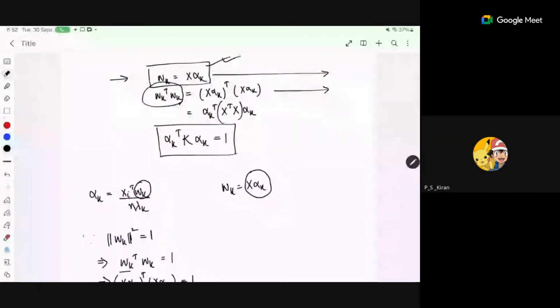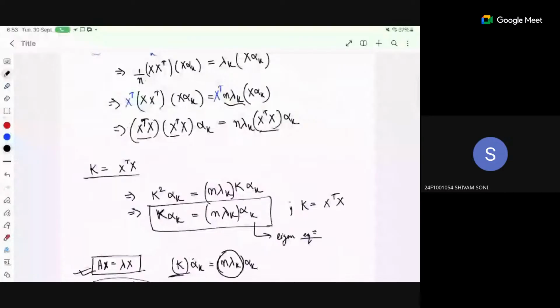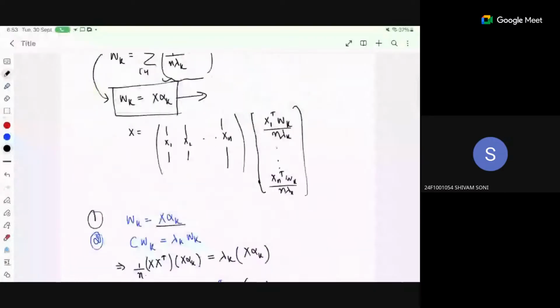Ma'am, alpha k is a scalar, isn't it? Alpha k is not a scalar, no, it's a vector. This is my alpha k. How is it scalar? X is a matrix. Alpha k is a vector.